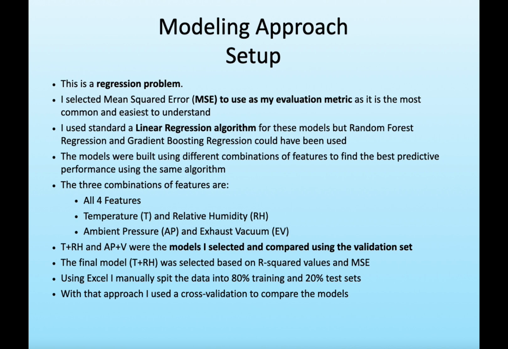And the validation set was based on the test data that I spooled off. The final model, temperature and relative humidity, was selected based on its R² value and its mean squared error. I used Excel manually, so I had to cut them off. The test set was about 1,914 items, and the 80% was the rest. And I compared them with cross-validation.